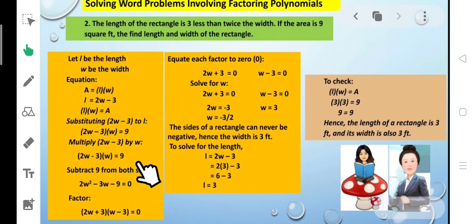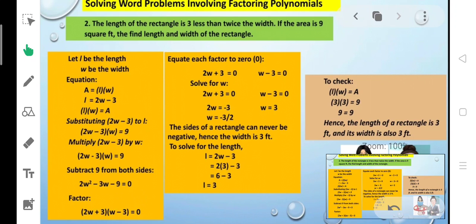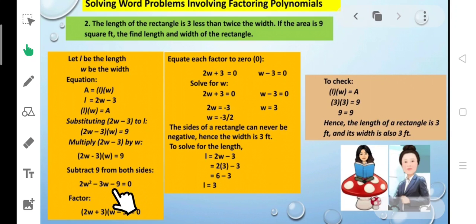Then subtracting 9 from both sides, so we have minus 9, that is equal to 0. Then factoring the trinomial at the left side, we have 2W plus 3 times W minus 3.